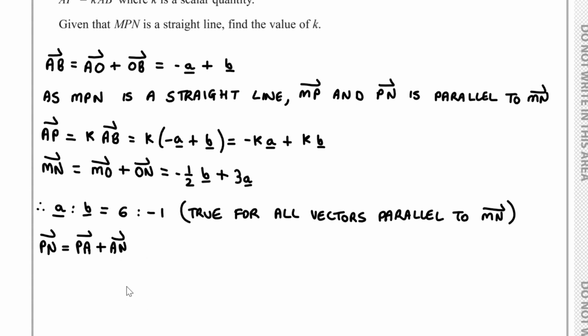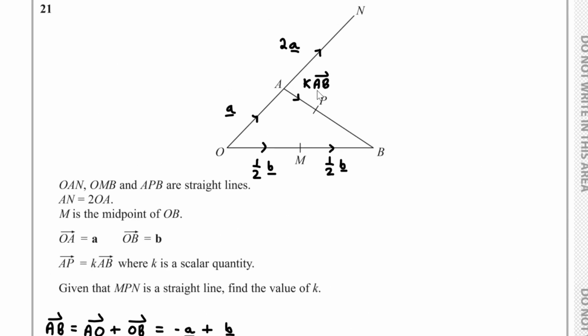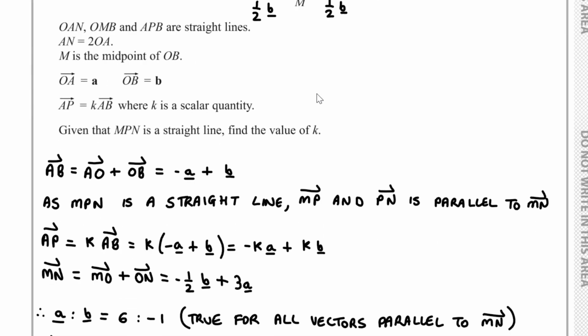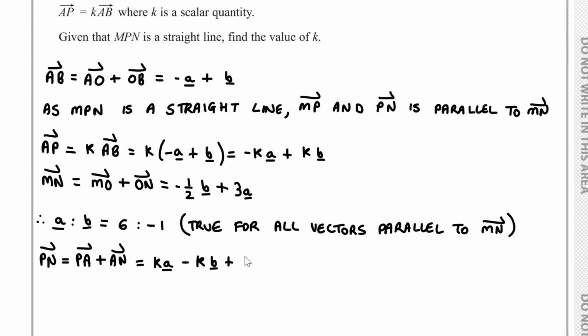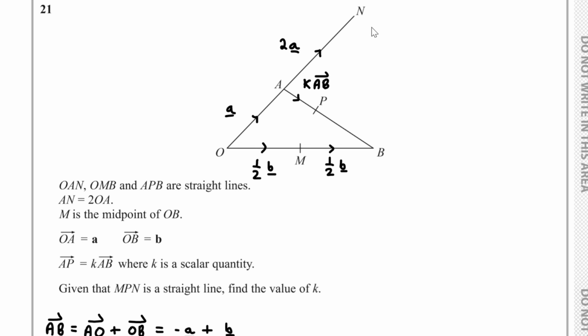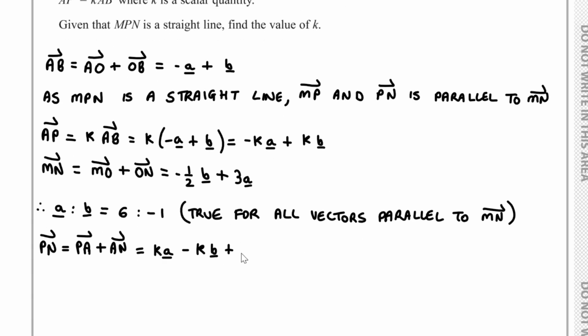So how does this help us? Well, PA, that's going to be minus k lots of AB. So that's going to be minus this value here, so that's going to be, well, I need to flip the signs here, so I've got ka minus kb, and then AN, starting at A, finishing at N, that's 2a.